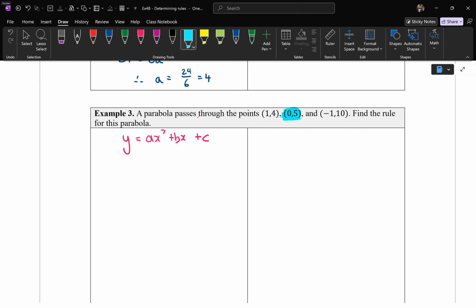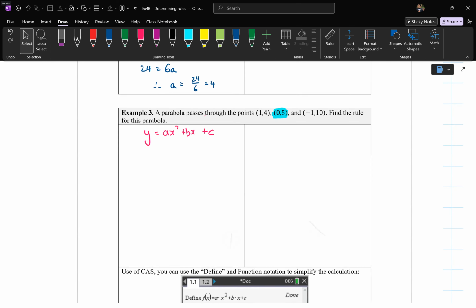Why is 0, 5 special? Pat? Very good. Because if x was going to be 0, these will cancel out, and then y is going to be 5. Well, then that means c equals 5 straight off the bat. Okay, so looking for y-intercepts or x-intercepts will help you figure out some parts of the terms.